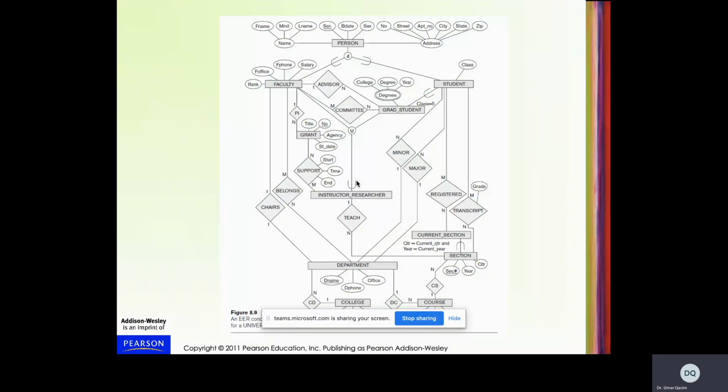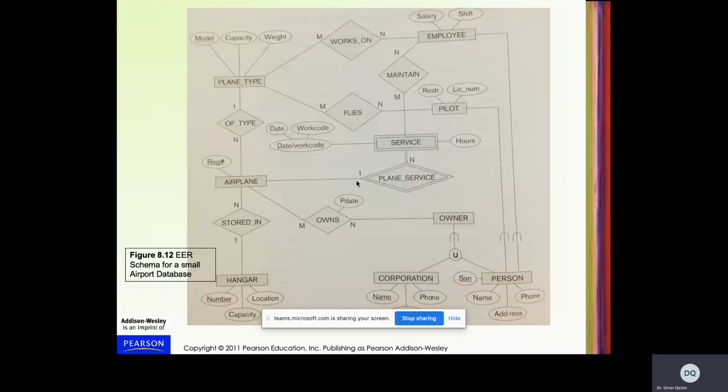So we have this relationship coming from more than one entity type. If you look at this one, we have an employee, a person, and a corporation, then an owner that owns an aeroplane.